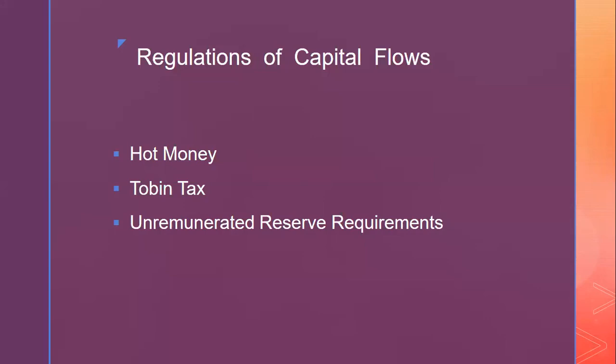For example, if they perceive that our interest rate is higher than the international interest rate, then they will perceive that they can earn more by pouring their capital into our economy. So they will make this capital inflow to the economy, right?